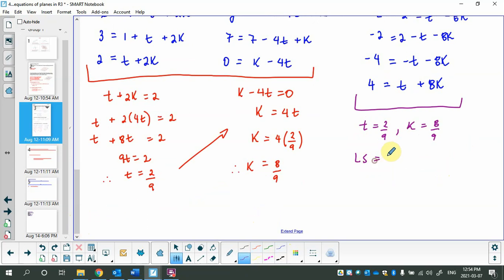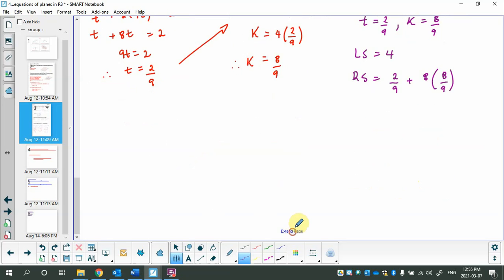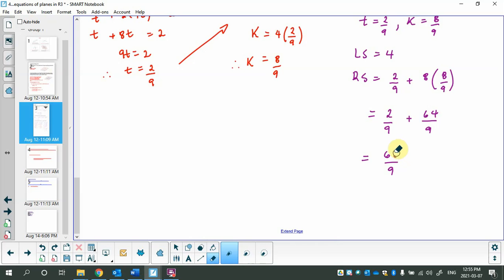So left side is equal to 4, right side is equal to 2 over 9 plus 8 times 8 over 9. So that's 2 over 9 plus 64 over 9, which is 68 over 9. No, it's not. It's 66 over 9, and 66 over 9 is not equal to 4.